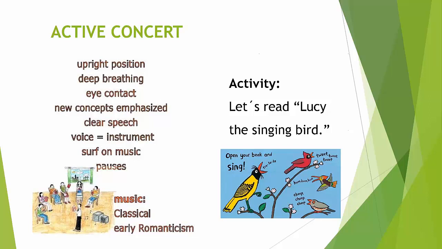Let's read Lucy the Singing Bird. Sophia has two cats. Their names are Osmin and Kitty. Osmin is black. Osmin has green eyes. Osmin is black with green eyes. Kitty is brown. Kitty has blue eyes. Kitty is brown with blue eyes. They are fast. They are beautiful.